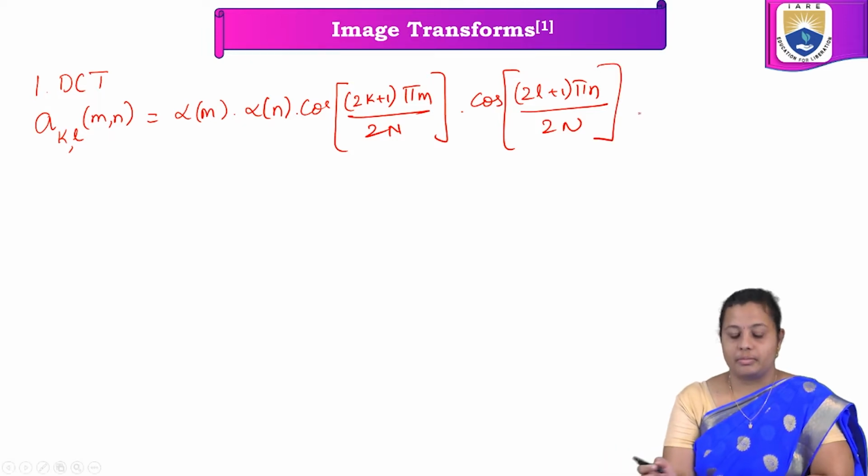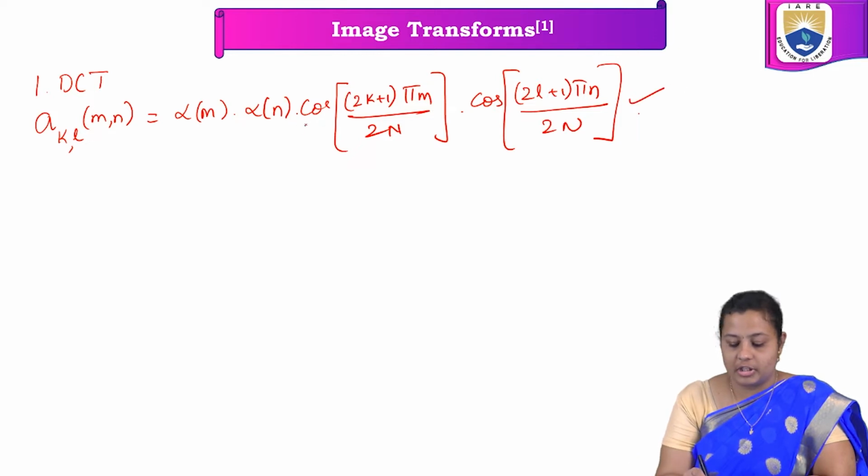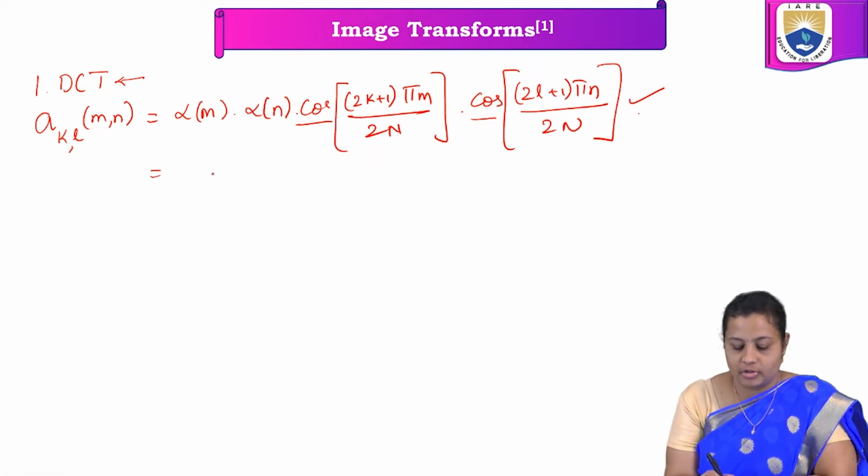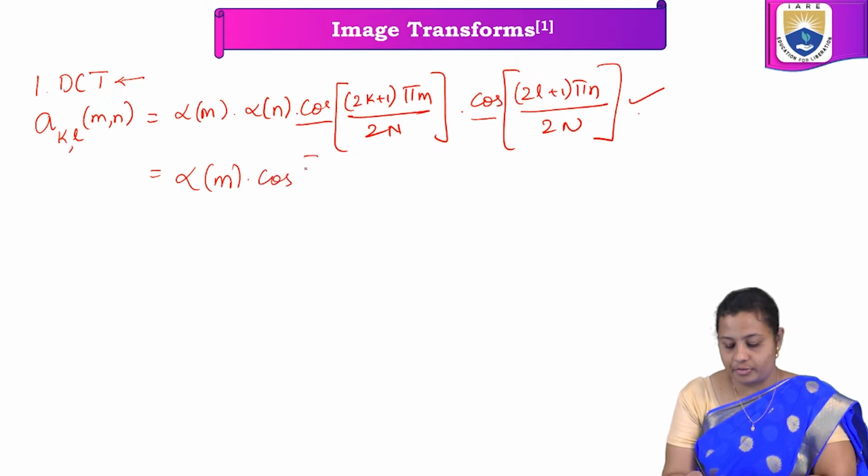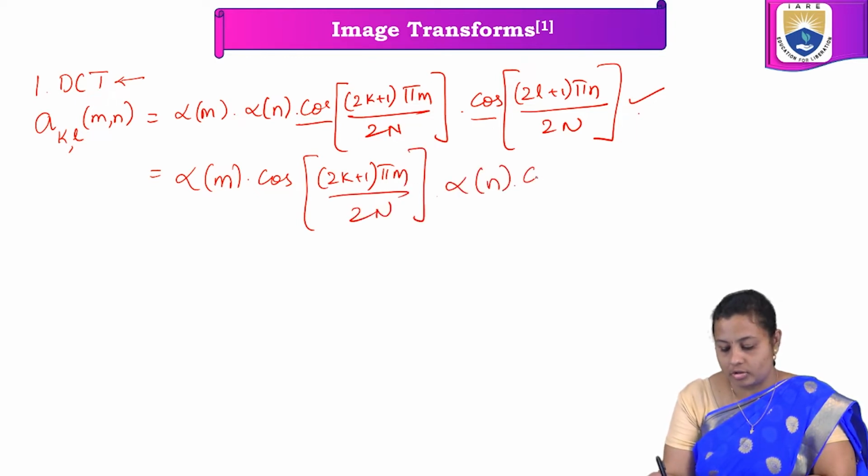So we can write the DCT equation in this form, which depends upon the cos functions. That is why it is called the discrete cosine transform. Further, we can write it as alpha of m into cos of (2x plus 1) pi m by 2N into alpha of n cos of (2l plus 1) pi n by 2N, right?